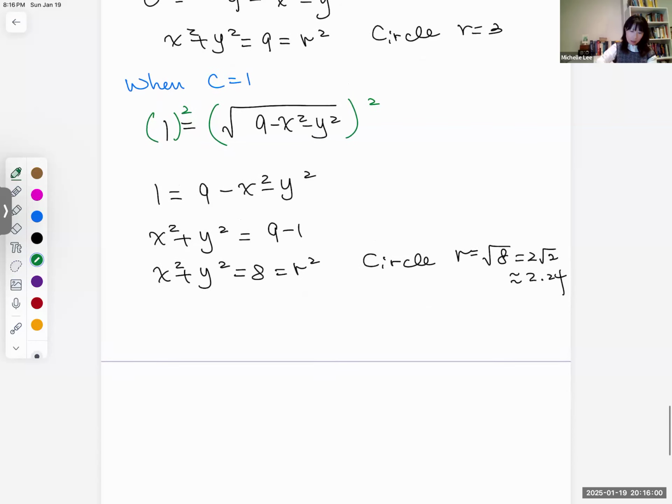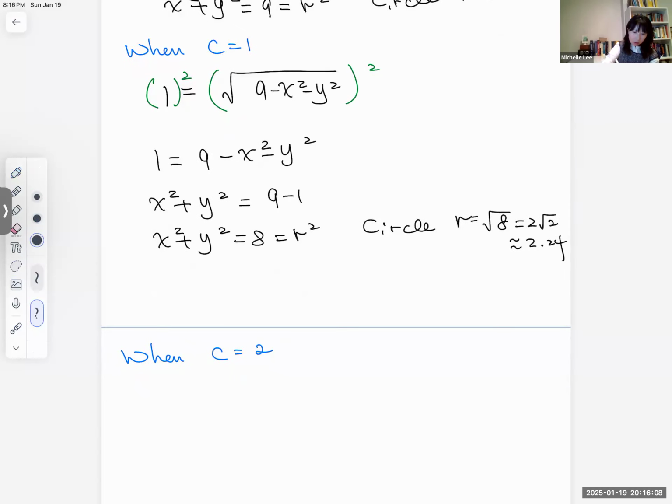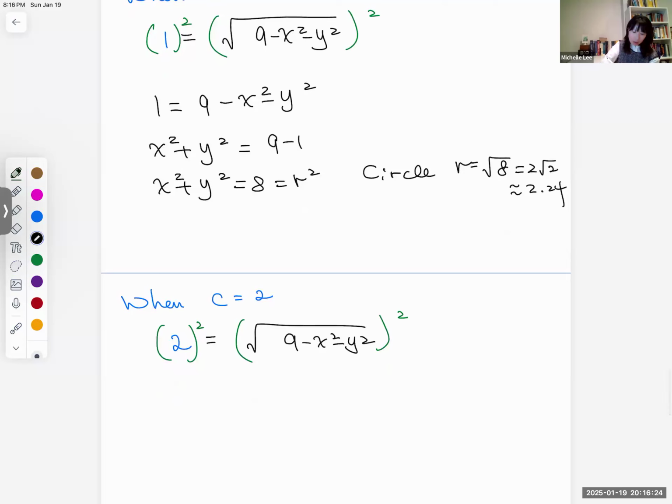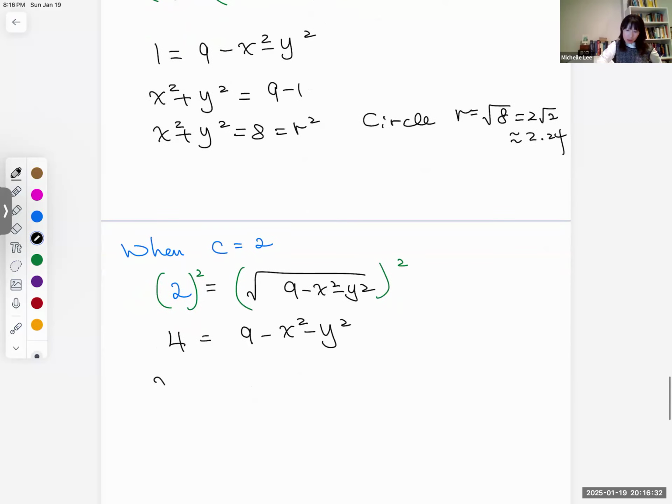same process, right? When c equal to 2, 2 equal to square root of 9 minus x squared minus y squared. Square both sides. So we have 4 equal to 9 minus x squared minus y squared. x squared plus y squared equal to 9 minus 4.